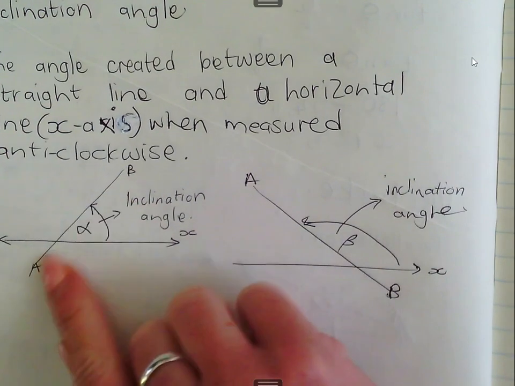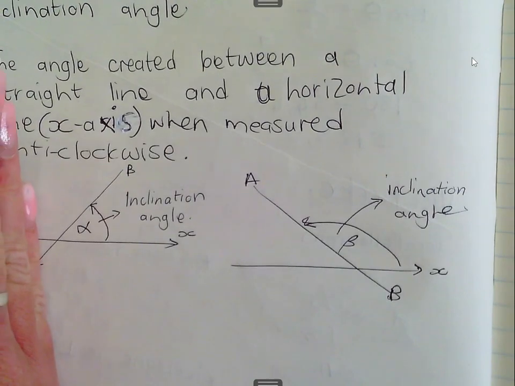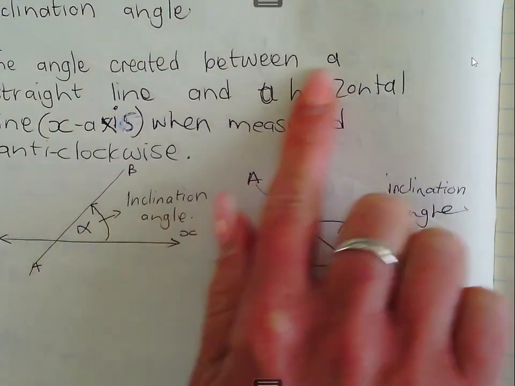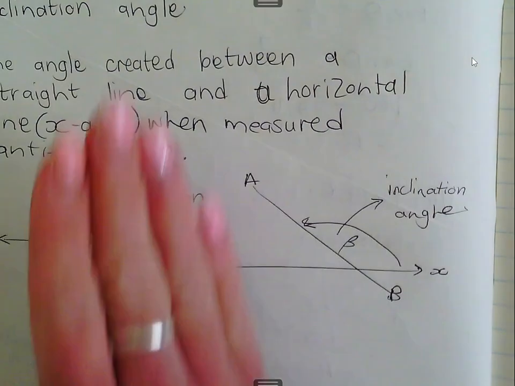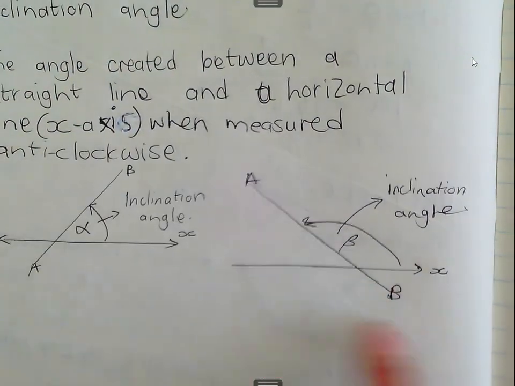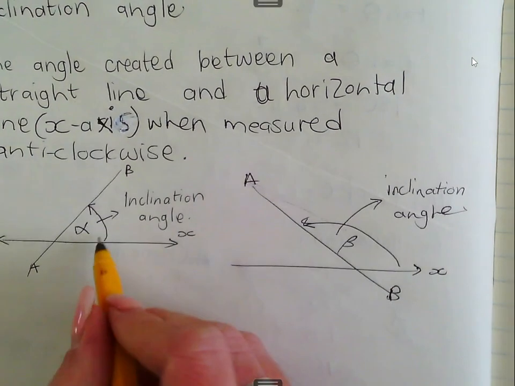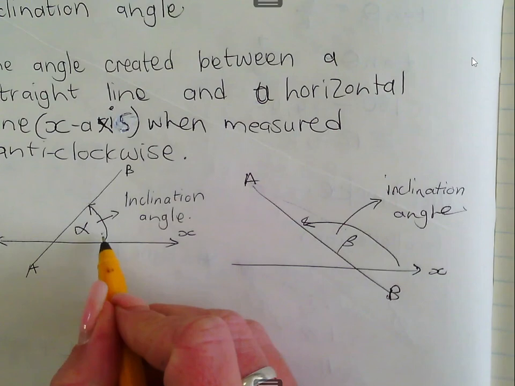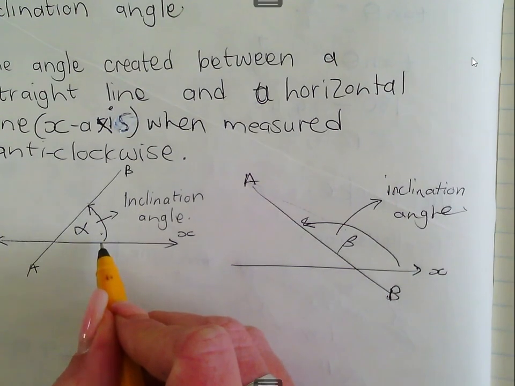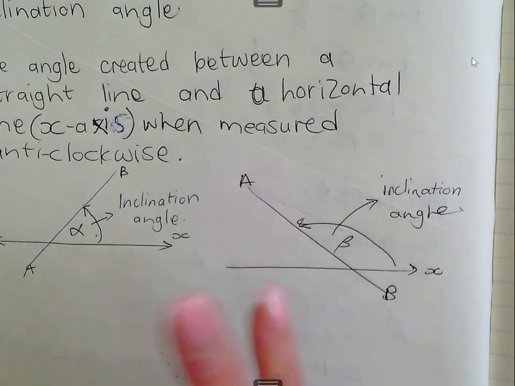You know what a positive gradient looks like? When you read from left to right, it's increasing. Then it's positive. If you read from left to right and it decreases, then it's a negative gradient. The positive gradient has an acute angle. The negative gradient has an obtuse angle.